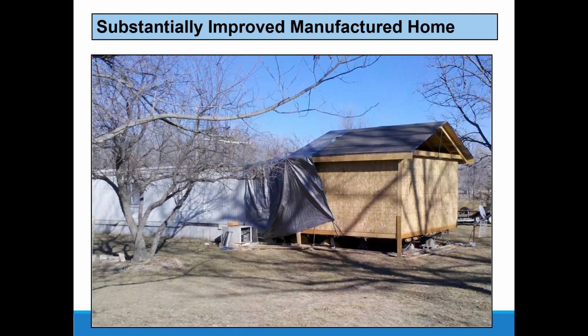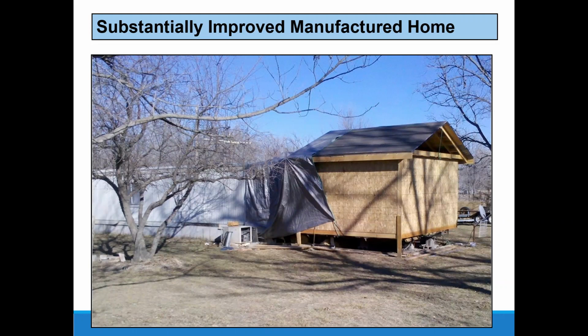In this case, it's an older manufactured home that's only worth about $500. So if you put on any improvement worth more than $250 for materials and labor, and we have to count any labor even if it's donated, then it would have to meet the standards of that community, come into compliance, and be elevated.